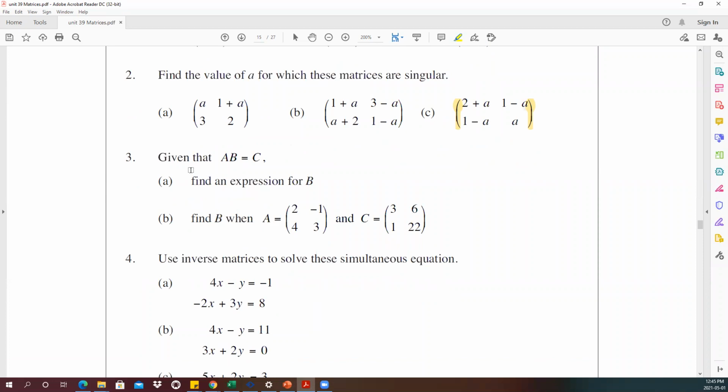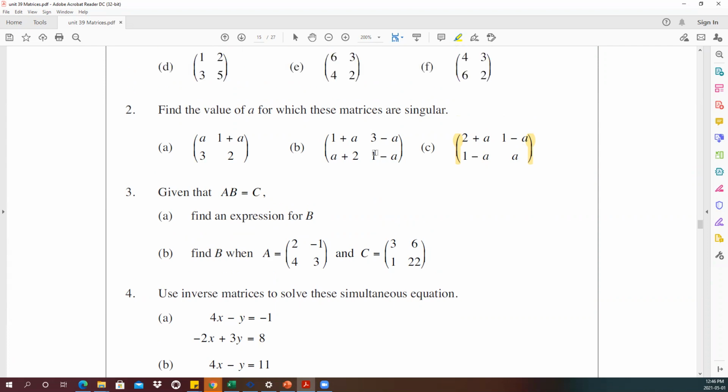It says now, given that AB is equal to C, find an expression for B. That's kind of weird. What do you mean? Given that AB equals C, find an expression for B. If that means I should apply the inverse to both sides and I have B equal A inverse C, then fine, I can do that.